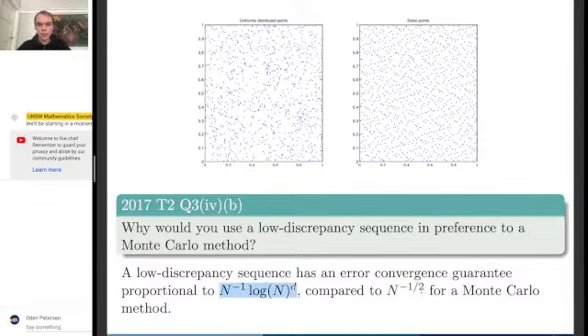So not only is this deterministic, but even if we compare the deterministic error with the root mean square error, which is statistical for the Monte Carlo method, this quasi Monte Carlo method for a low discrepancy sequence is still better.